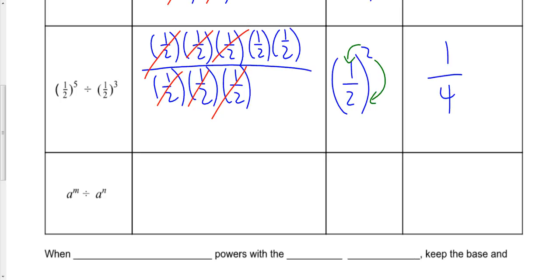So one thing that we notice is that when we have powers with the same base but different exponents, the base actually stays the same. And in this case, we subtract the exponents. Okay?